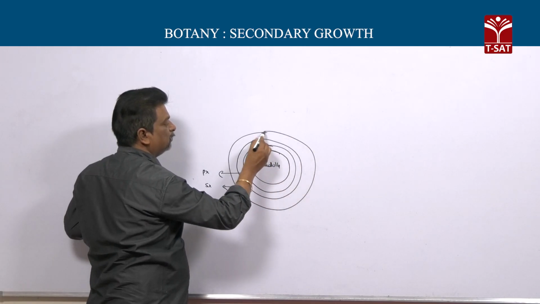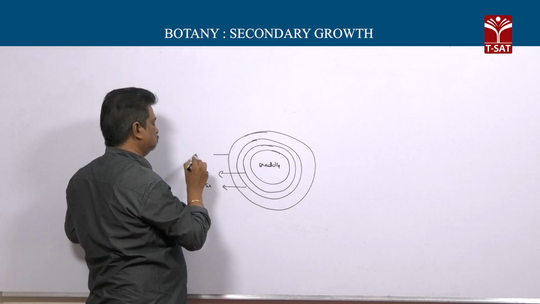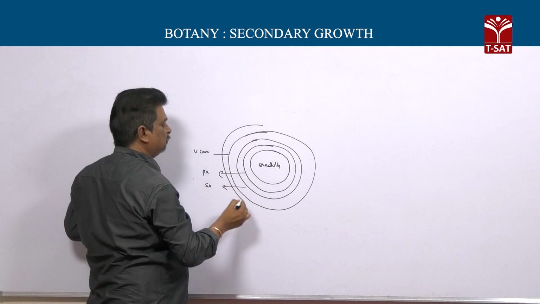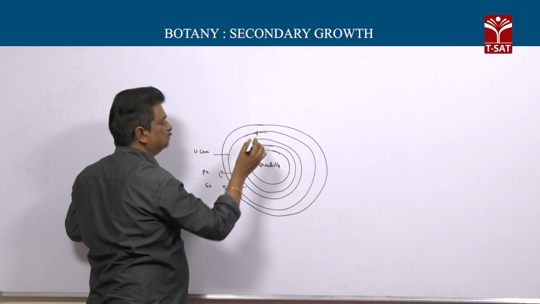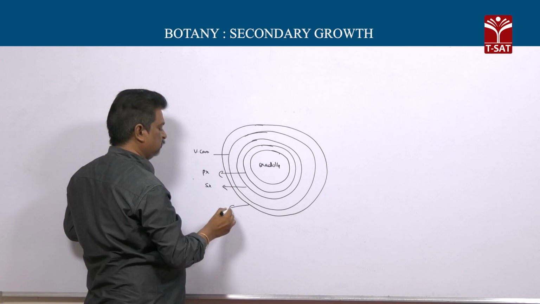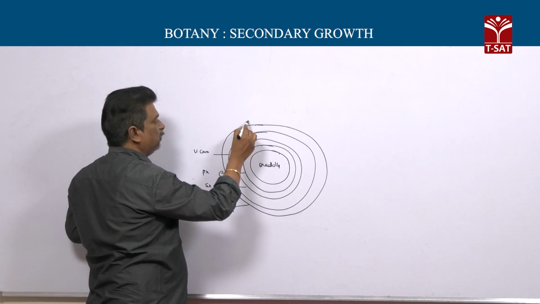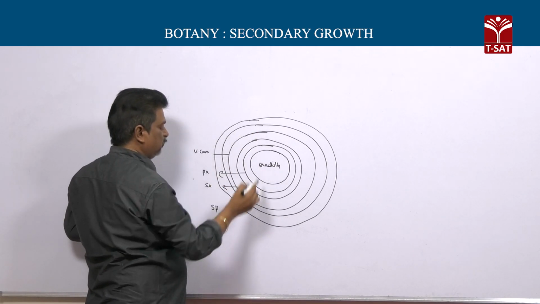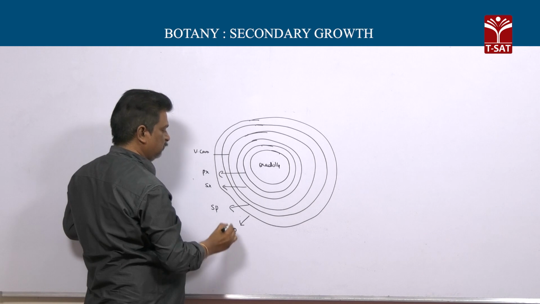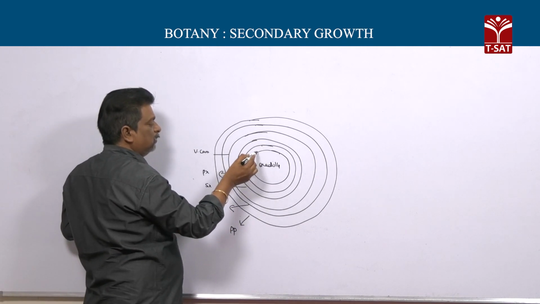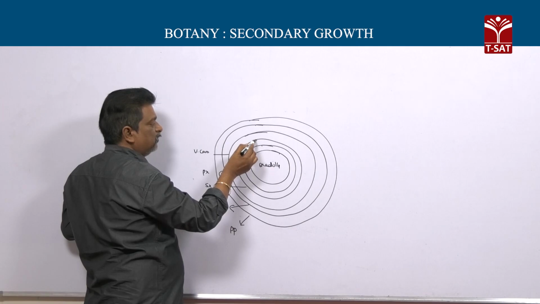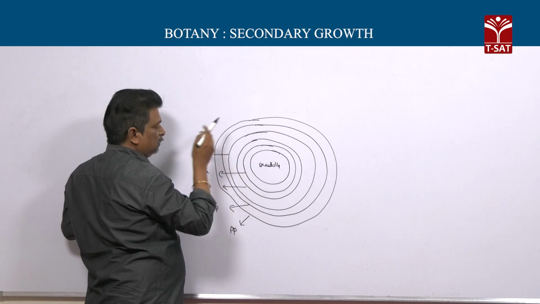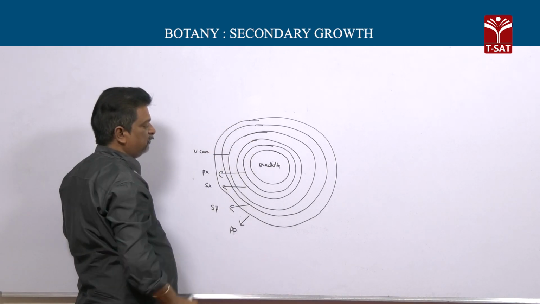Secondary xylem is surrounded by vascular cambium. Vascular cambium is surrounded by secondary phloem. Secondary phloem is surrounded by primary phloem. From center to outside: medulla, primary xylem, secondary xylem, vascular cambium, then secondary phloem, then primary phloem.